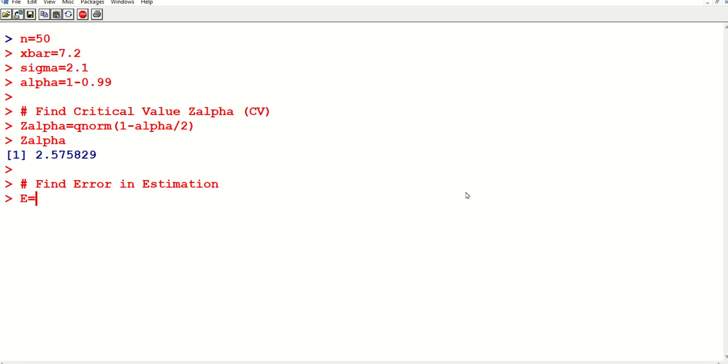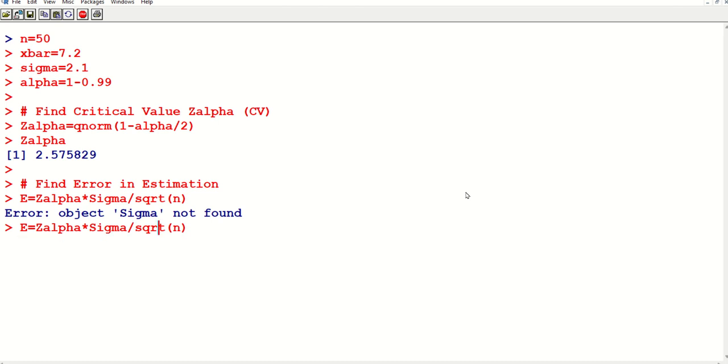Error is equal to z alpha multiplied by sigma, the standard deviation, divided by the square root of n. Sorry, I need to write a small s. So the error is 0.7649823. After calculating the error, what do we need to calculate? We need to calculate the confidence interval.